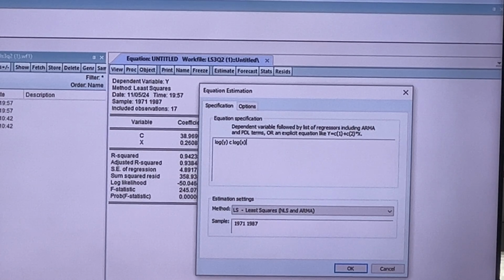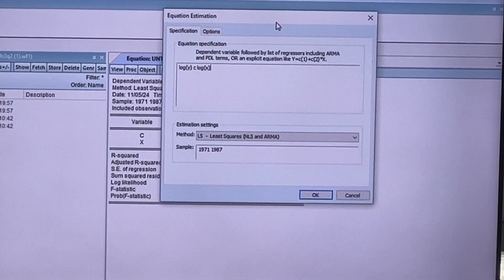So natural log, in use log, log is equivalent to ln in Excel. Excel use ln, but in use log. So okay, so you get the estimate.